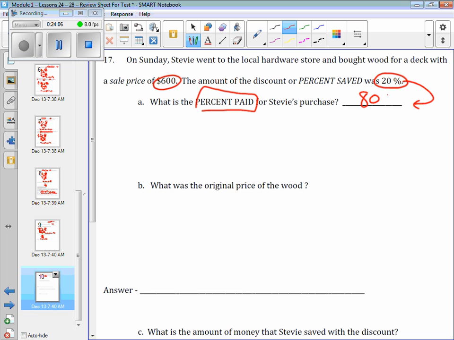And that's the value we need for the equation to work. So we set it up like we did in the last one. Percent paid over 100 equals sale price over original price.